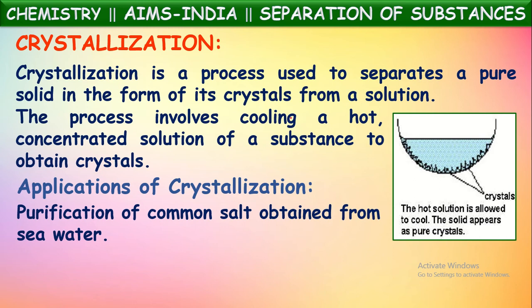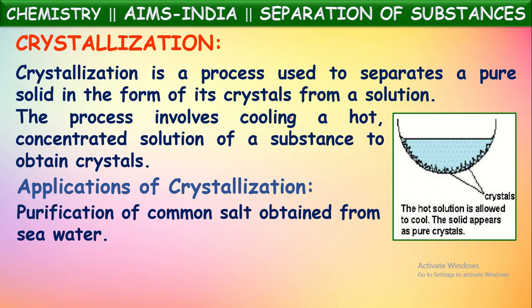It is collected and then it should be purified before packing, because when the rock salt is collected from the meadows, it may contain some impurities. So for that purpose they purify it. In the purification process they dissolve it again into water and form a highly concentrated salt solution. From that, common salt will be separated by the process called crystallization.